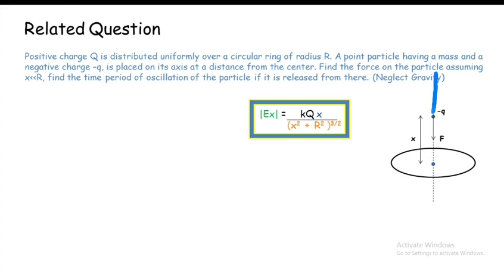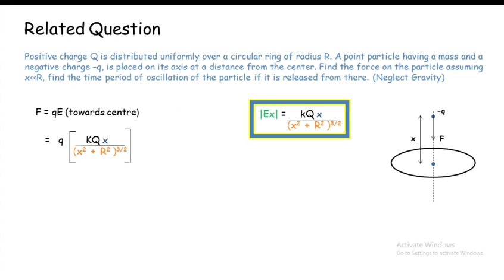So electric field will be in this direction and force will be in this direction, and we know the electric field due to a ring on the axis will be given by kqx by (x square plus r square) to the power 3 by 2. So you can write force is equal to q into E towards the center.